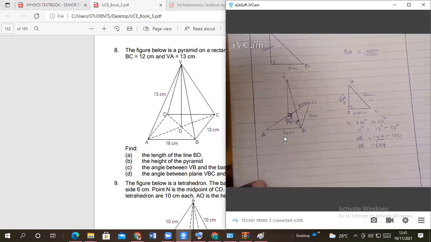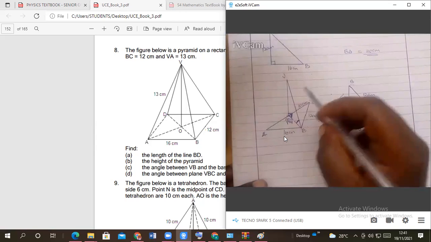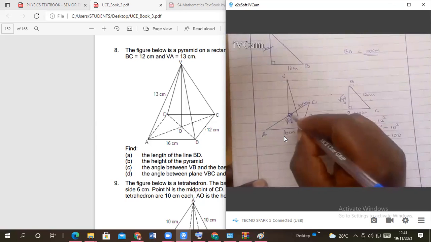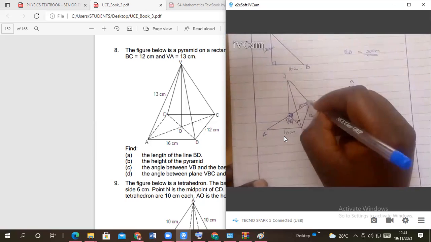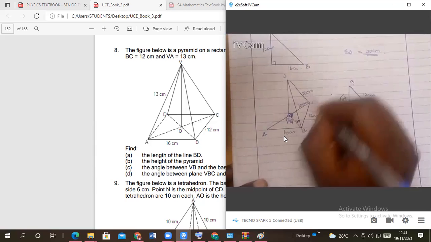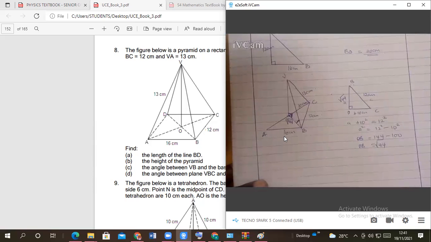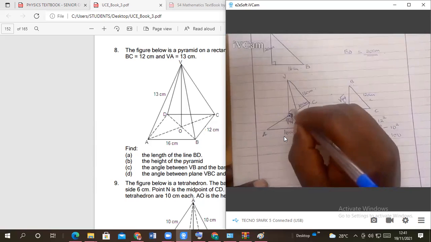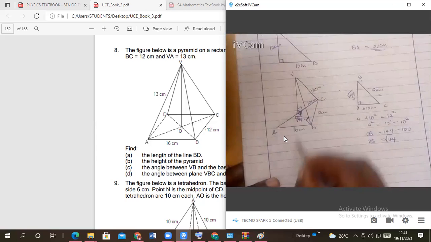But to find the height of the pyramid, she used the 10 and used this distance, which was here, which is 13 centimeters, isn't it? Yes, teacher. And use this triangle.